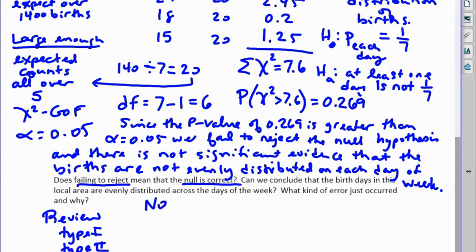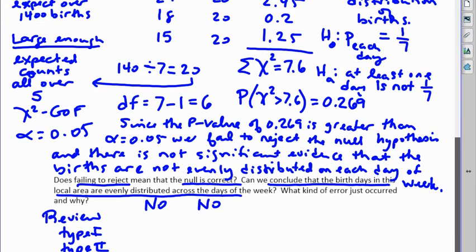No, it does not. We never know if the null is correct. We just cannot find enough evidence to reject it. Can we conclude that the births on these days of the week in this local area are evenly distributed? No, we cannot make that conclusion as well because we failed to reject.